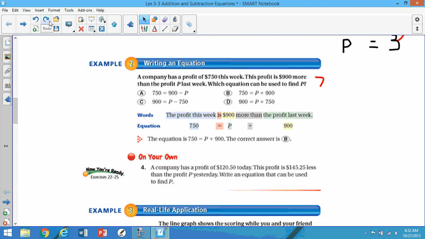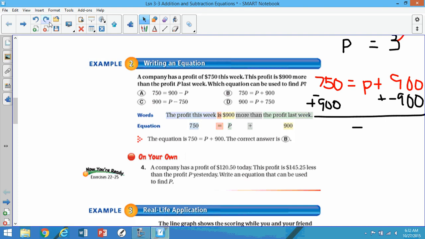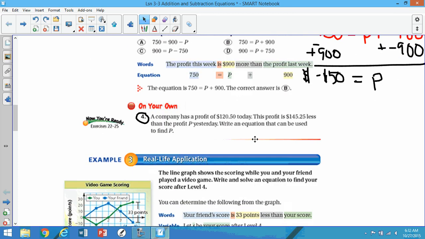So you would subtract 900 or add a negative 900 to both sides, and you end up with P equaling a negative 150 dollars.